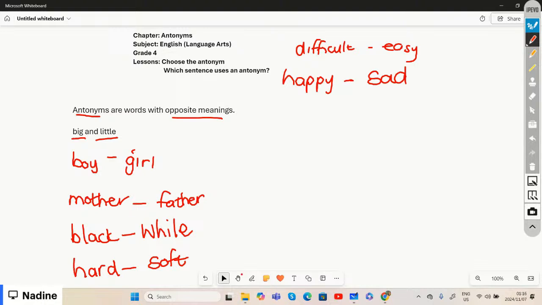All right. So what I'm going to do is write down a few words and then you're going to tell me the opposite meaning of those words. Think of mathematics. It's either I add or I subtract.